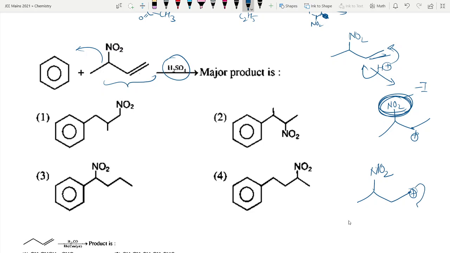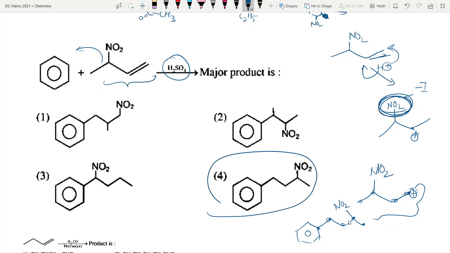And then I would like to attack this on the benzene ring, which will give me from here, this gets connected to the benzene ring. 1 2, 1 2 3 4, 1 2 3 4, 1 2 3, NO2 on 3. Is there anything like that? Here we go, the fourth option. I would like to go with the fourth one.